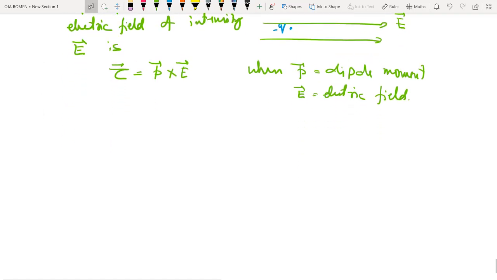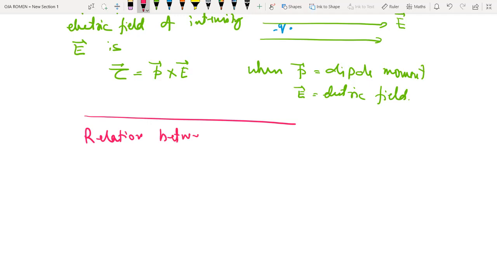Now another application, the relation between electric field intensity and electric potential.